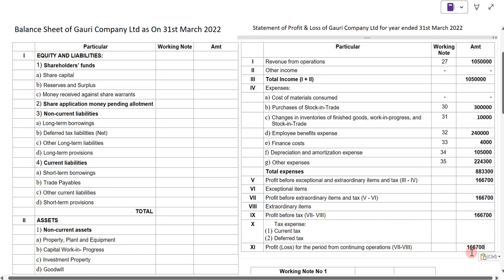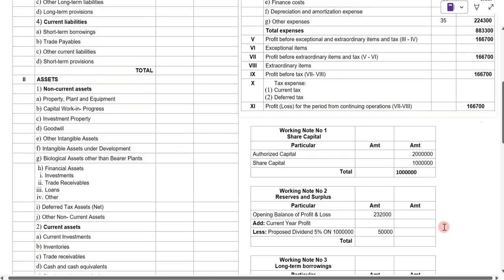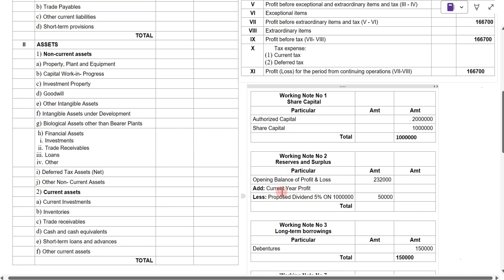Now this profit, that is 1,66,700, we have to add to the previous year's profit in note number 2. Add the current year profit and last year profit, and from that subtract 50,000.